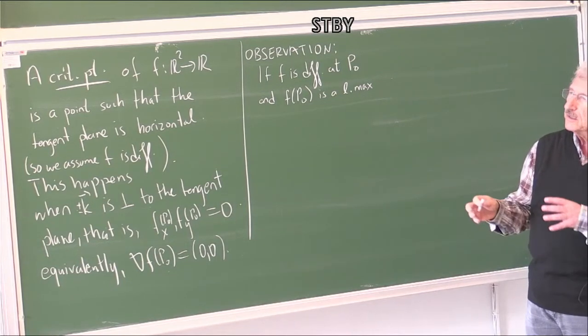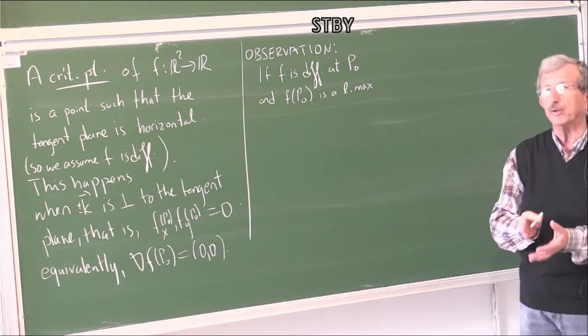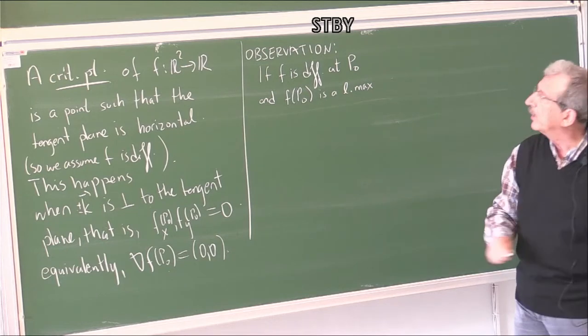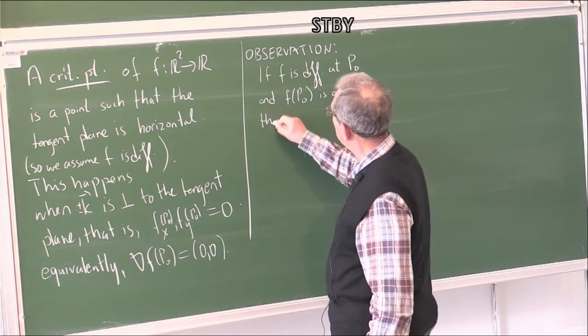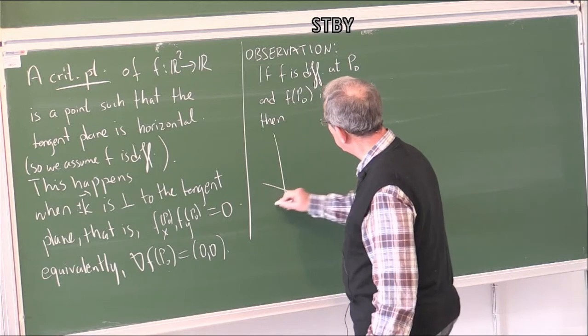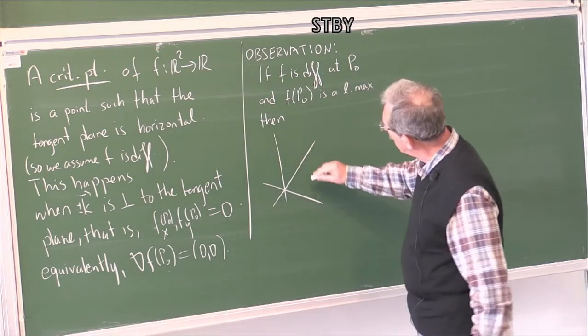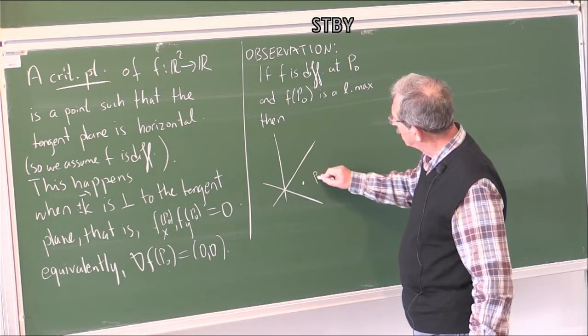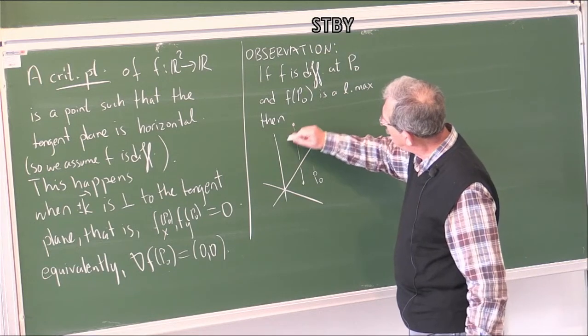Well, this is the biggest value for all nearby points. So if we consider this picture, at this point, at the top, we have the biggest value.